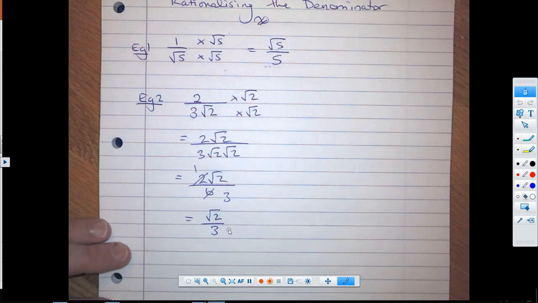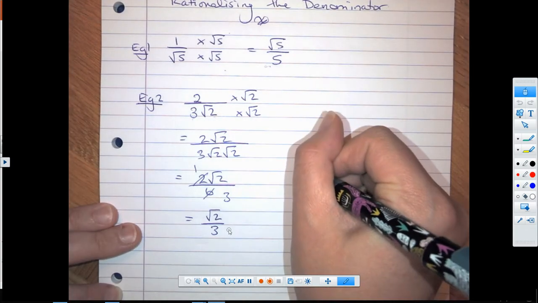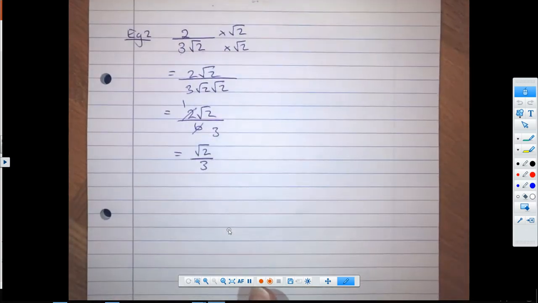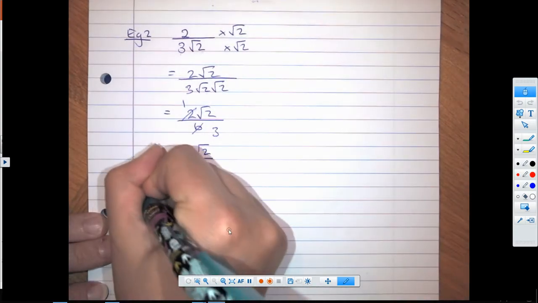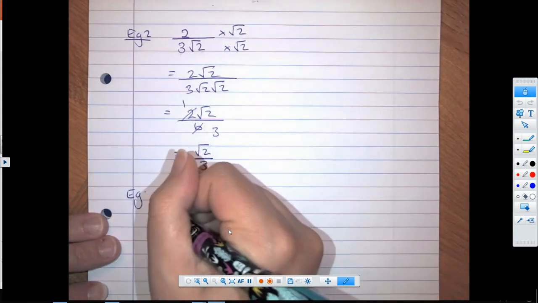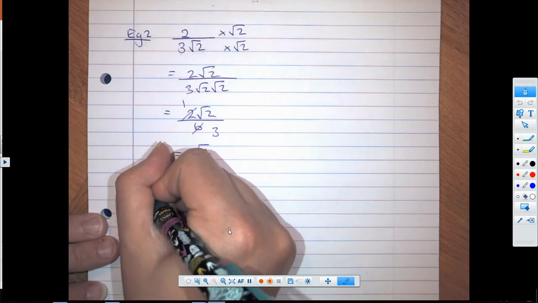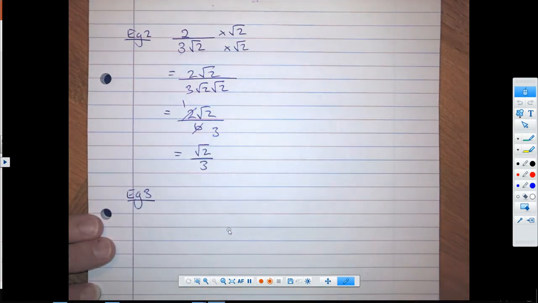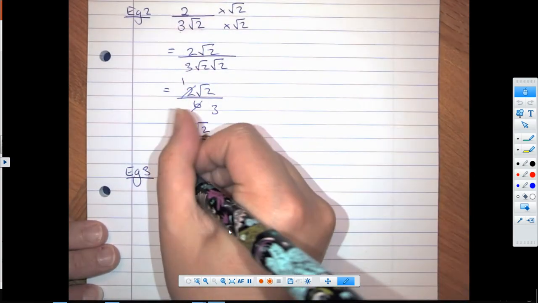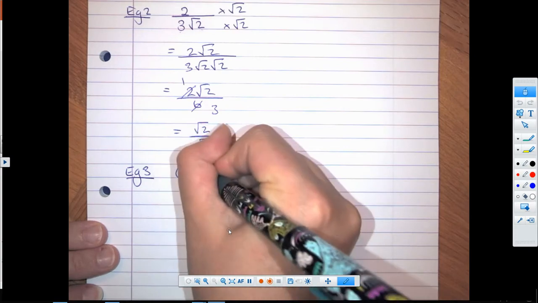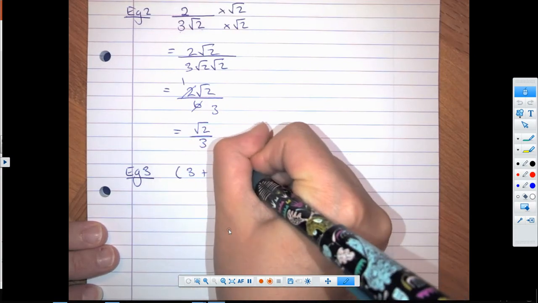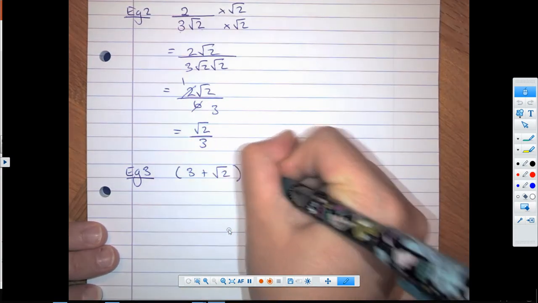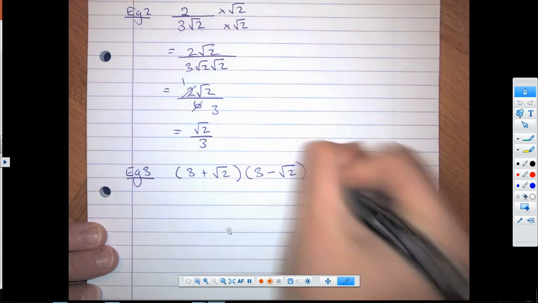The other thing that we taught you to do was to expand, okay, which we have done a few examples now, but let's just look at one more just to make sure we remember before we move to the next step. So this isn't rationalizing. This is just so that we can move to the next step of rationalizing, okay? So let's say I had 3 plus root 2, and I multiplied it by 3 minus root 2.